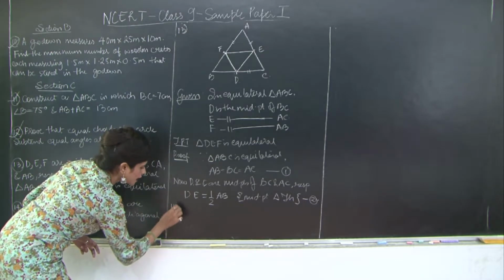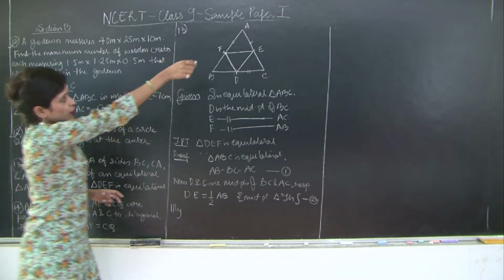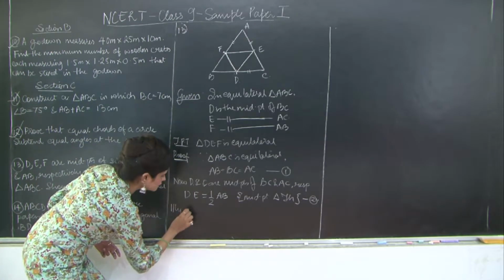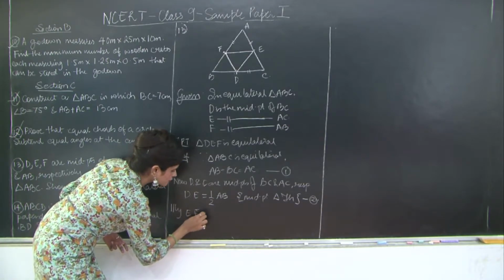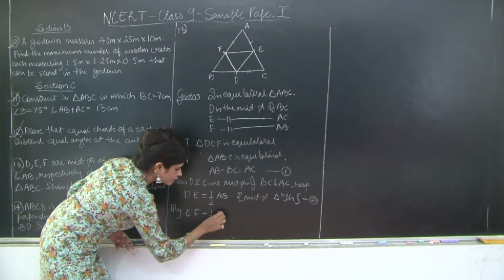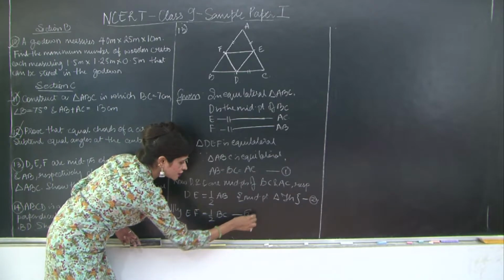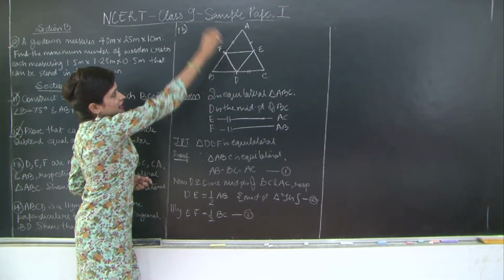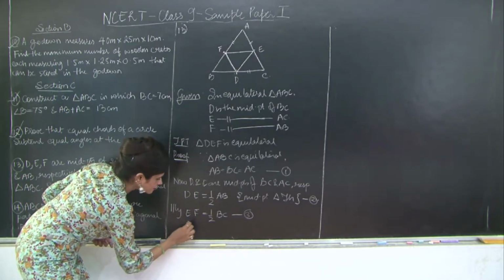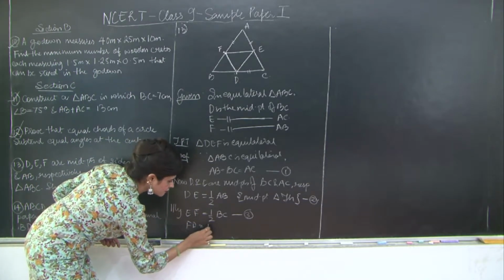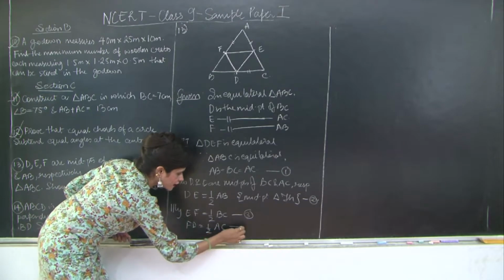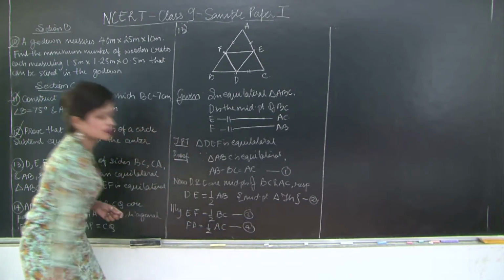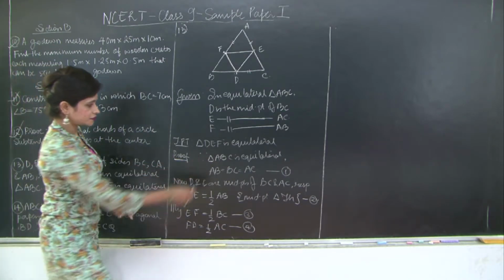Similarly, what will I get? Now EF is half of BC. Let's mark this as 3 and I have FD is half of AC. Let's mark this as 4. So what do we get?